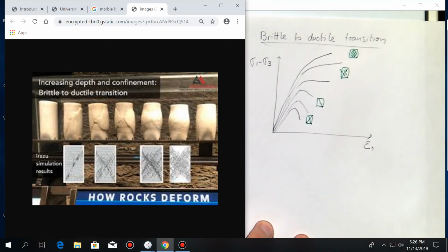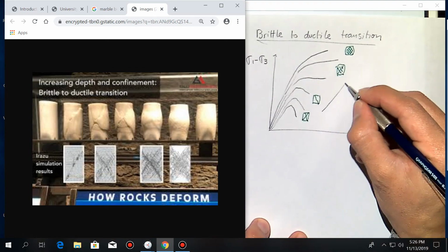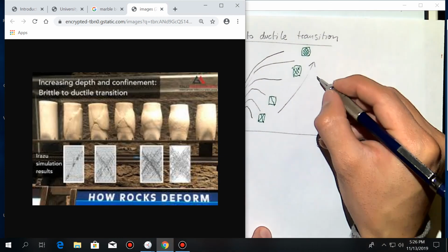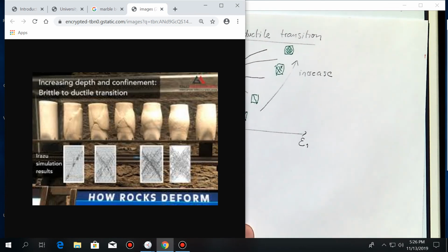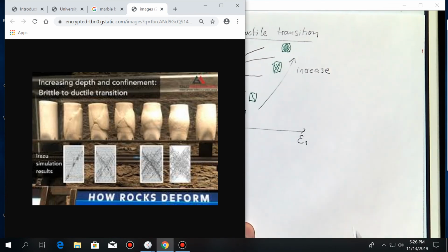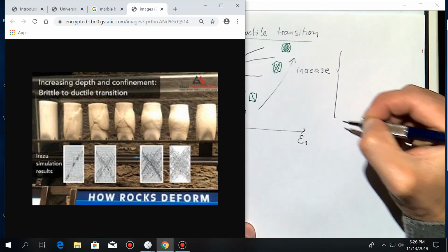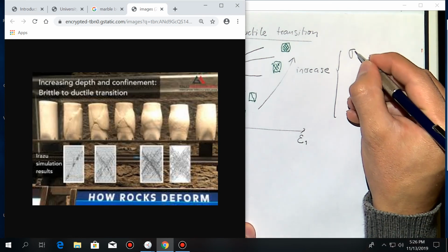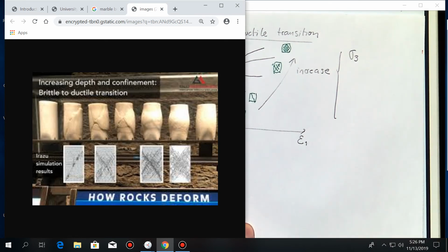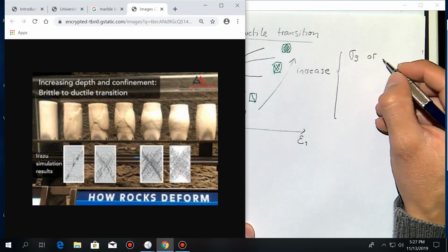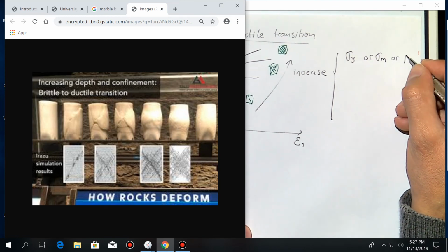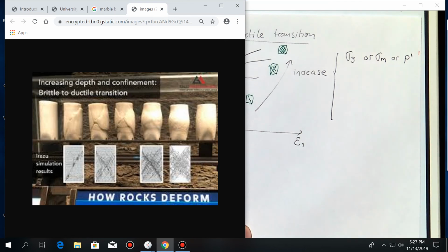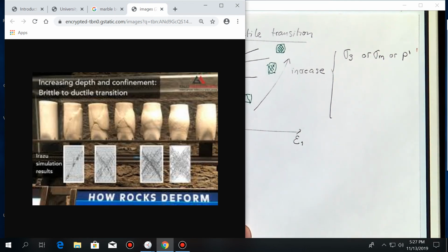And this will change as you increase many things. One of those is sigma 3, or mean stress, or as we have been seeing in our formulation before, P prime.